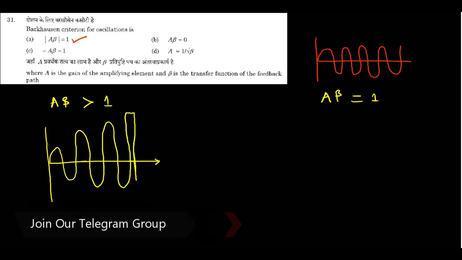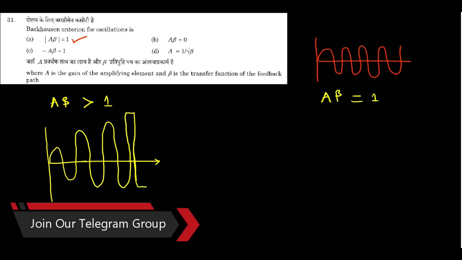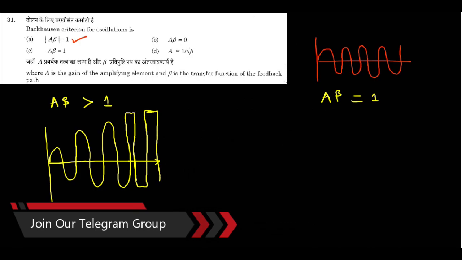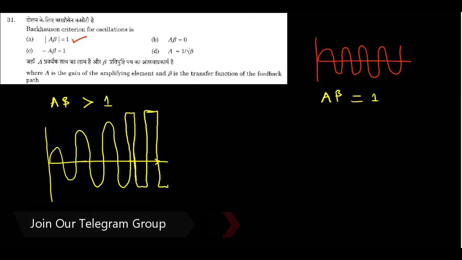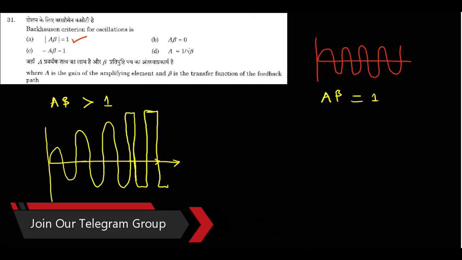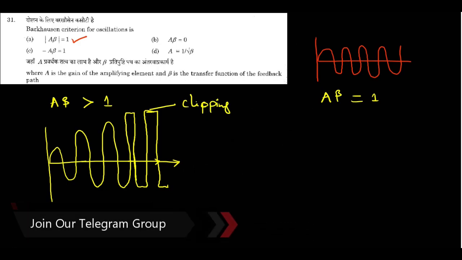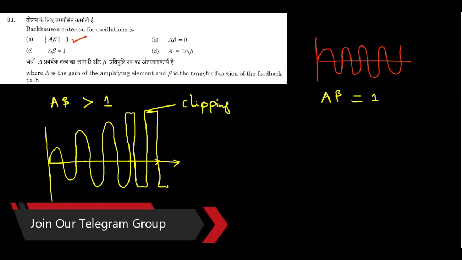It's not square, but on the top the clipping occurs. So the output of the oscillator is distorted. This is what happens: clipping occurs in the oscillator if A beta is greater than 1.